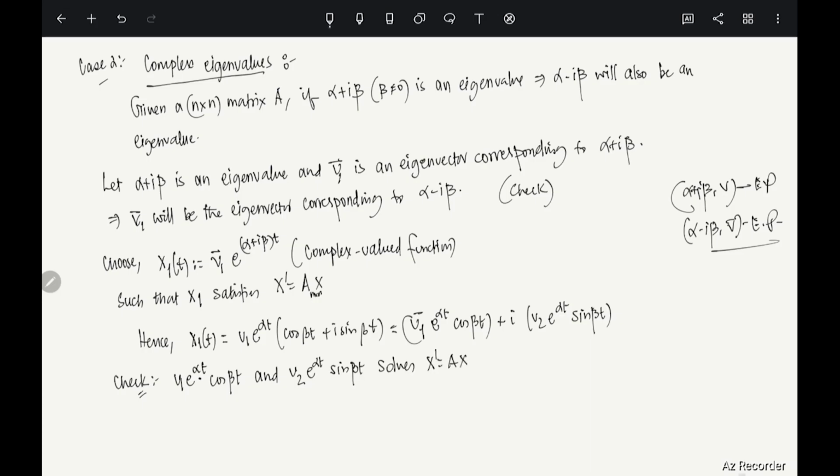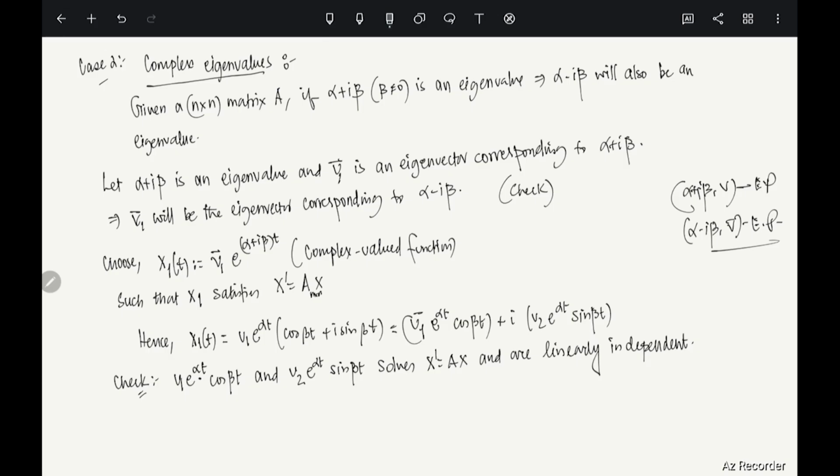You remember we did this sort of thing earlier also. Basically, if a function at plus ibt solves the linear equation x prime equals to ax, then at and bt individually solve the equation. So they are real valued functions and they solve the equation, and they are linearly independent. I hope this is not a very difficult thing for you to check, so please check this part.